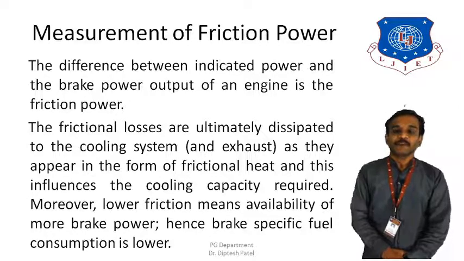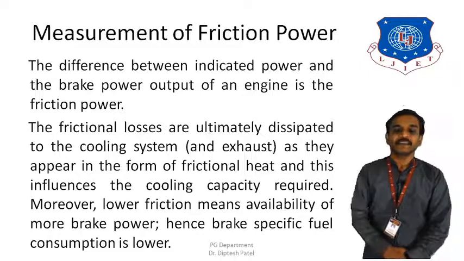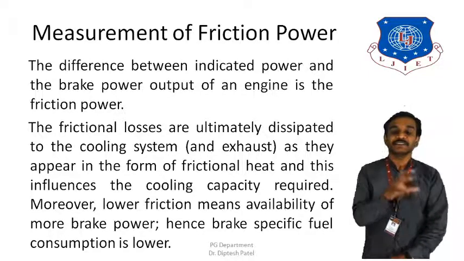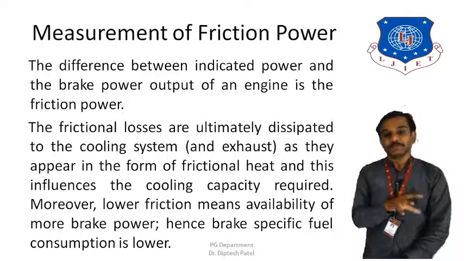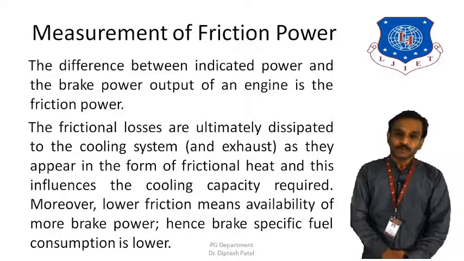Furthermore, we know that the friction power is the difference between the indicated power and the brake power. Let me remind you again, to revise the topic, that indicated power is the power generated in the combustion chamber, while brake power is the power available at the output shaft.